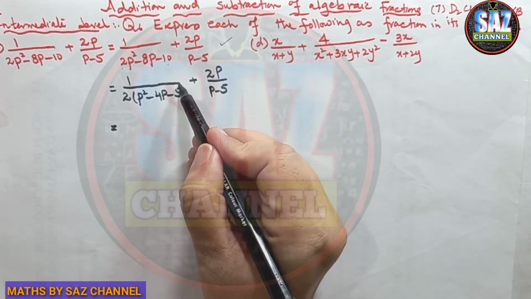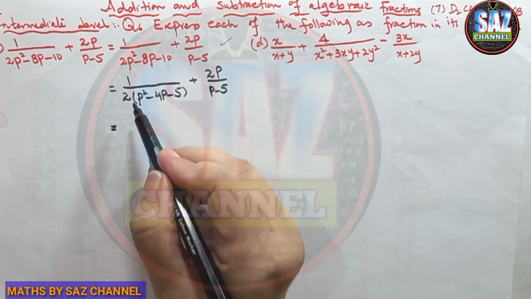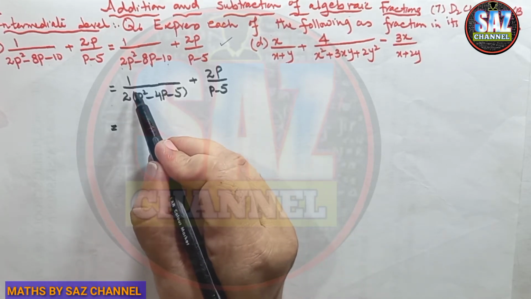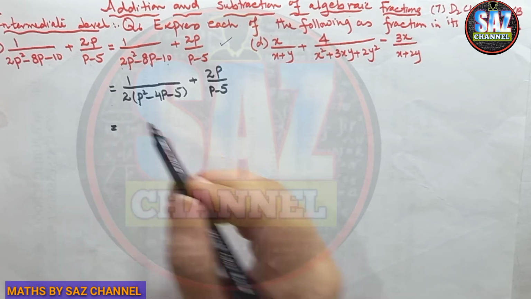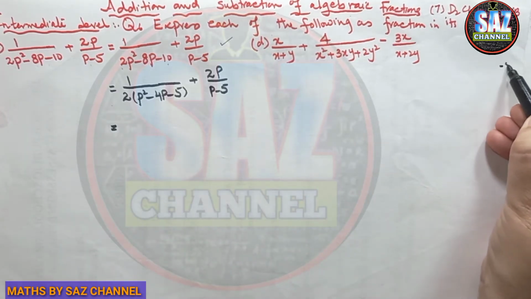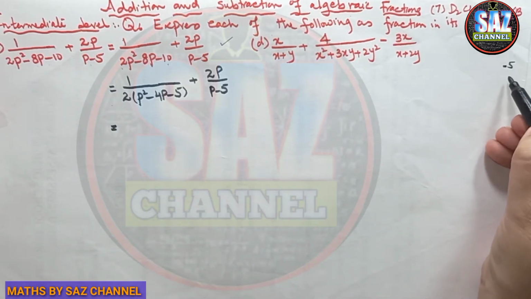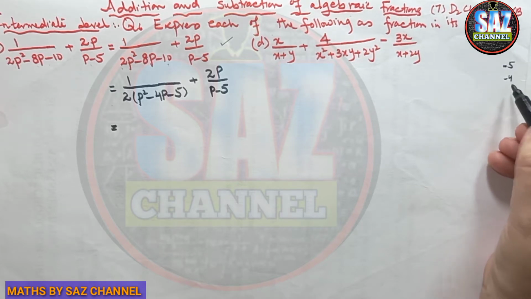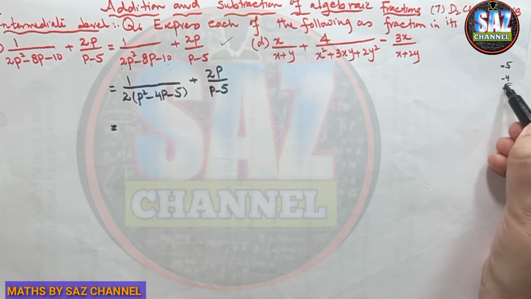According to that, I have to multiply the constant, which is minus 5, with the coefficient of the term having p square, which is 1. It will become minus 5. Now, I have to find factors of 5 that can give me minus 4 and minus 5 at the same time.